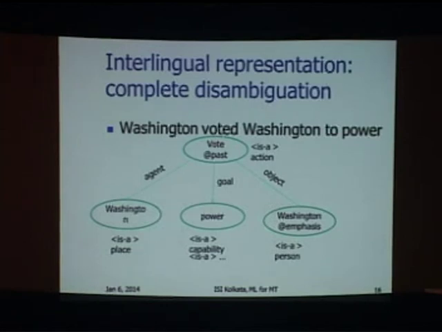Washington is a place, the agent of voting is Washington, the object of voting is Washington again, the US President, and the main verb is voting.